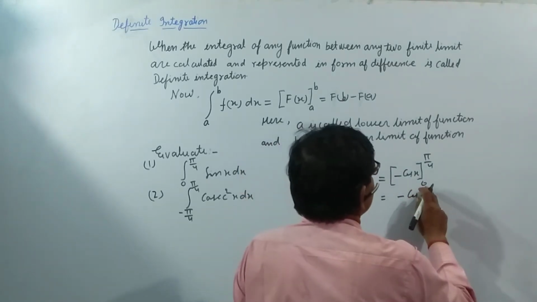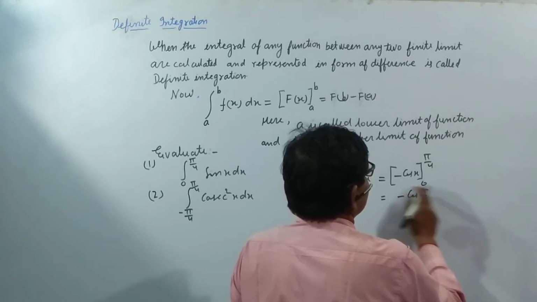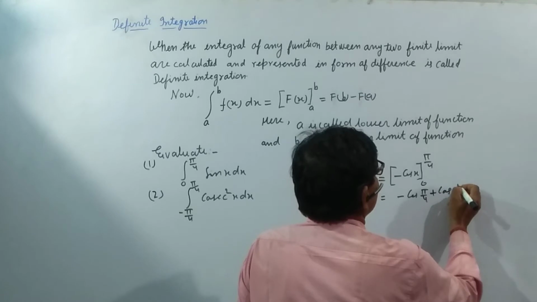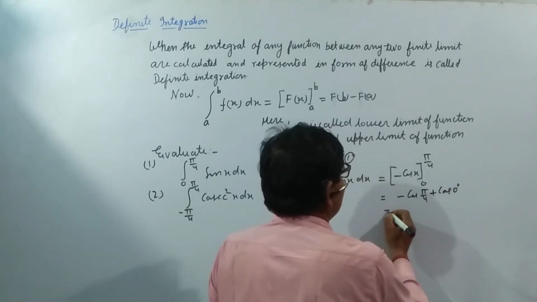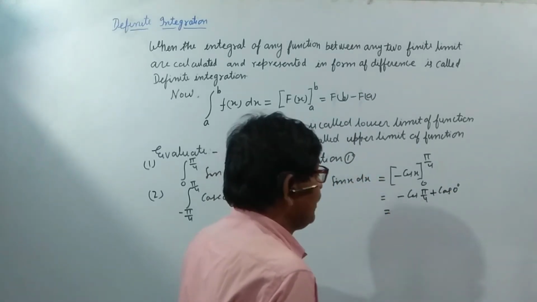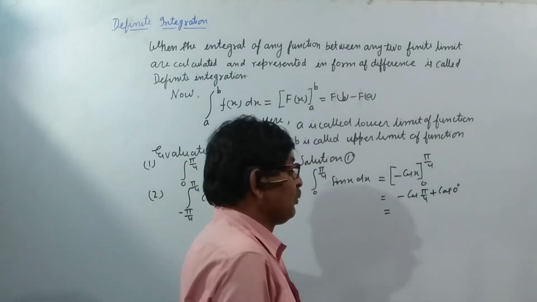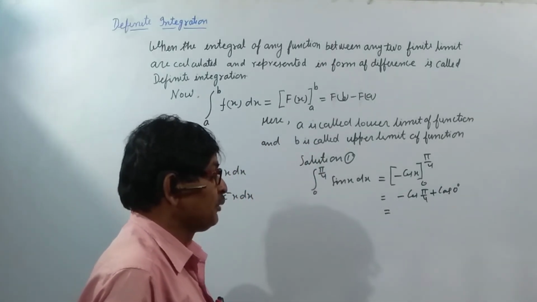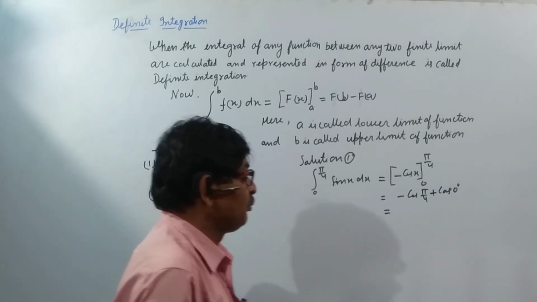and plus cos 0 degree. Now here cos pi by 4 means cos 45 degree, and the value of cos 45 degree is equal to sin 45 degree.